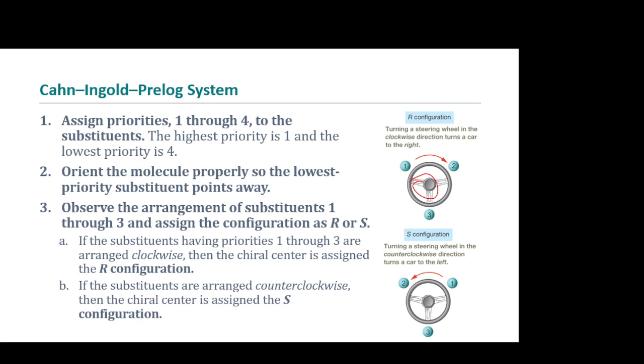We're going to assign that a configuration as R or S. If you had to guess from R, which direction do you think it rotates around for it to be an R? Yeah, right. Yeah. So if it's clockwise, right-hand rotation, R. Okay. The S is the left-handed or counterclockwise rotation. That's the chiral center S. Okay. And that's an example of it right here. Can everybody see it okay? Fantastic.